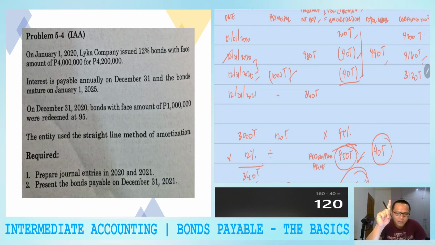Diba? 1 year lang yung na-amortize natin. So, we have 4 years. So, divided by 4, obviously, we have 30,000.